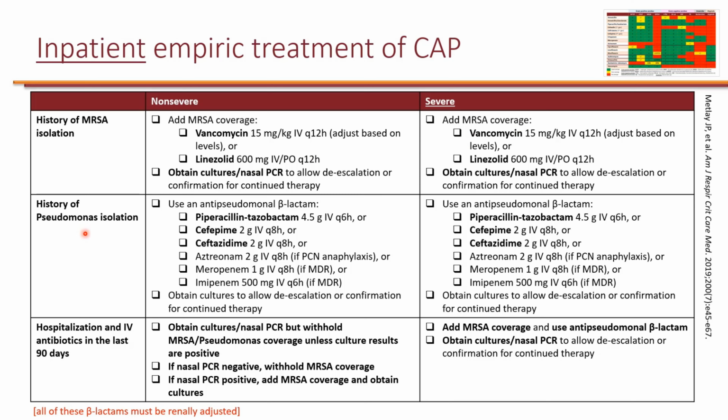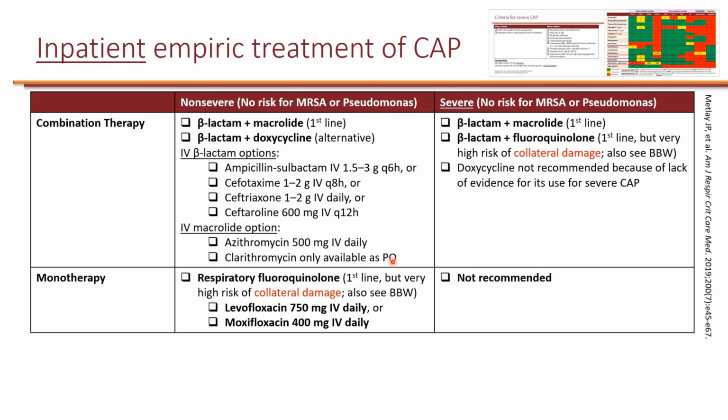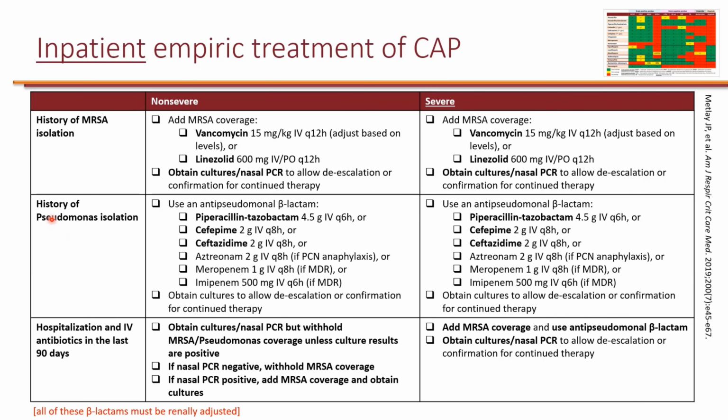Now, when it comes to history of Pseudomonas isolation, depending on what you selected for your treatment of pneumonia, all you have to do is make sure that you use a β-lactam as part of your original regimen that covers Pseudomonas. So, for example, if you had chosen ceftriaxone and your patient has a history of Pseudomonas isolation, instead of ceftriaxone, you would use a β-lactam that has anti-Pseudomonal coverage.